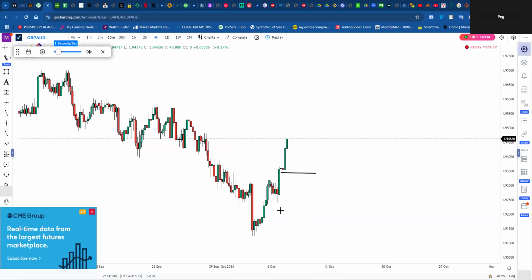Now, is this another block? Let's see. This green candle, is it another block? Does it meet our criteria? Is the last sell candle one? Does it cause a displacement? No, it does not cause a displacement. You can see that there is no space between this candle and the third candle.